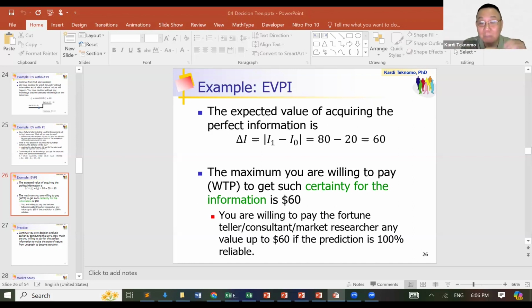This is the maximum you are willing to pay for the consultant or the fortune teller or the market researcher. If you pay the market researcher or the consultant less than 60, that is worth it, that is cheap. The maximum you can pay is 60 for that information if the prediction is 100% reliable.